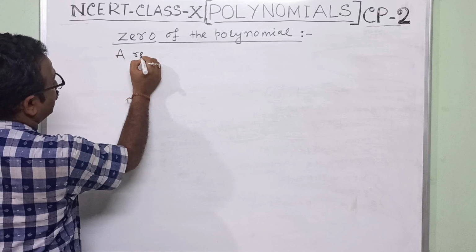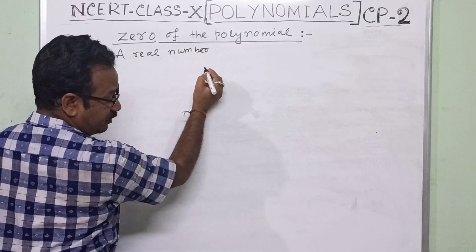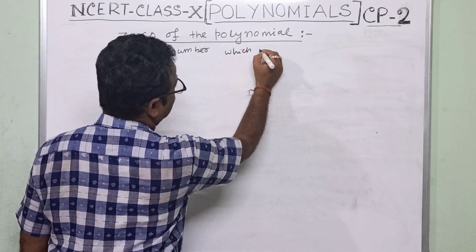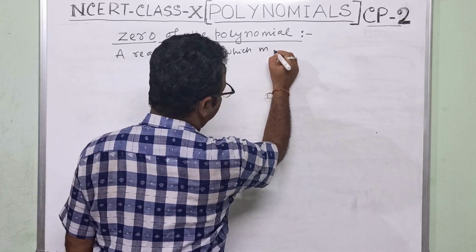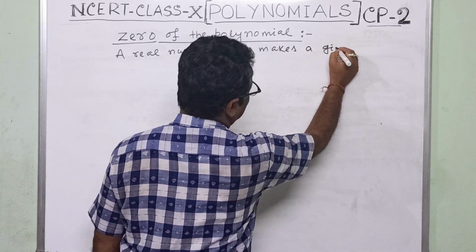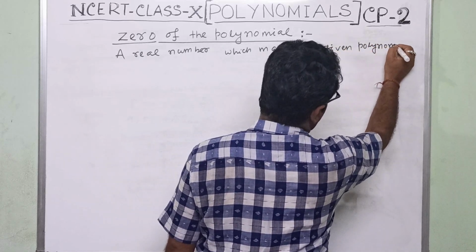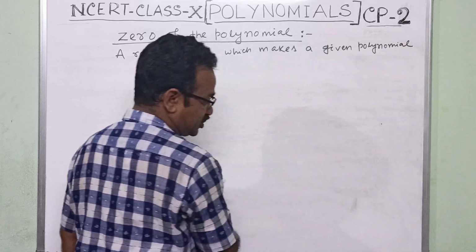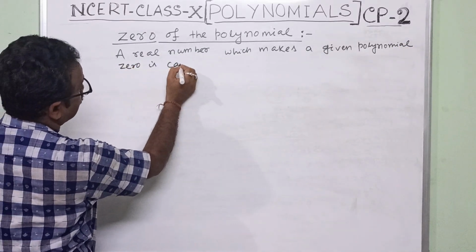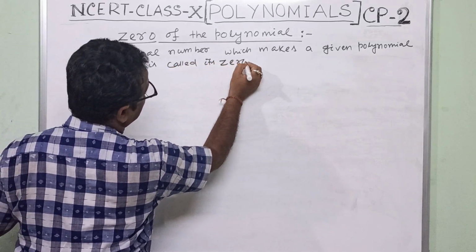A real number which makes a given polynomial zero is called its zero.